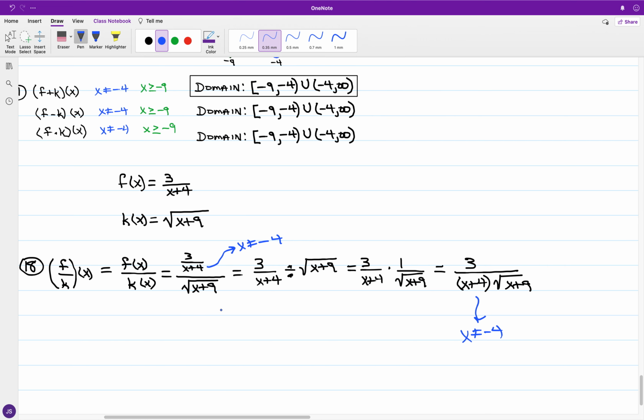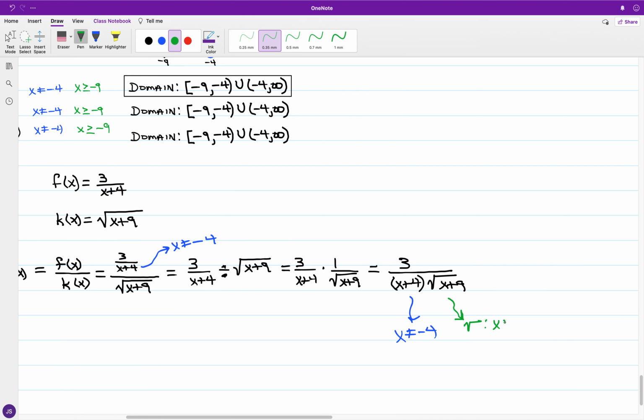Now, with k of x, I have the square root of x plus 9, and this is in the denominator, and it's going to stay in the denominator. Because we have a square root, once again x plus 9 cannot be negative. And because we have it in the denominator, x plus 9 cannot be 0.